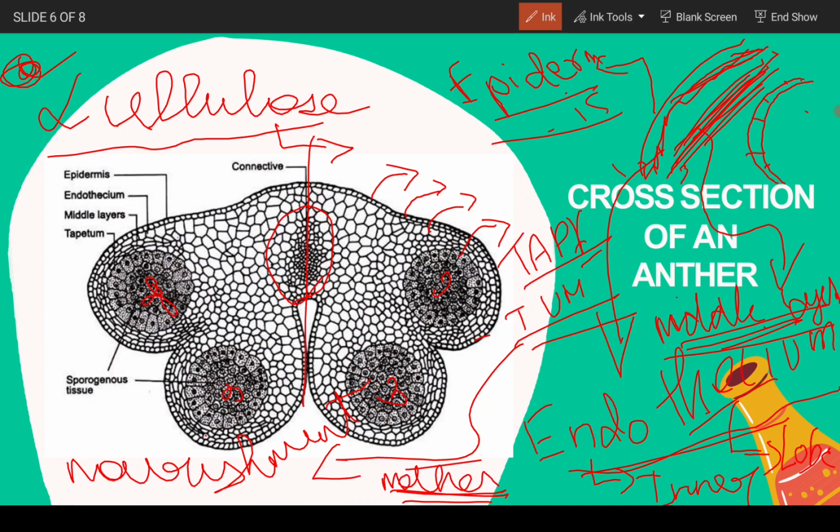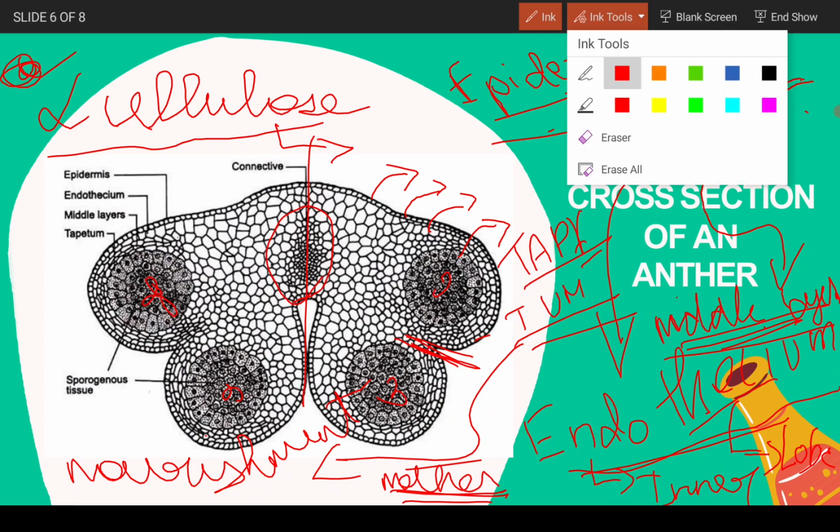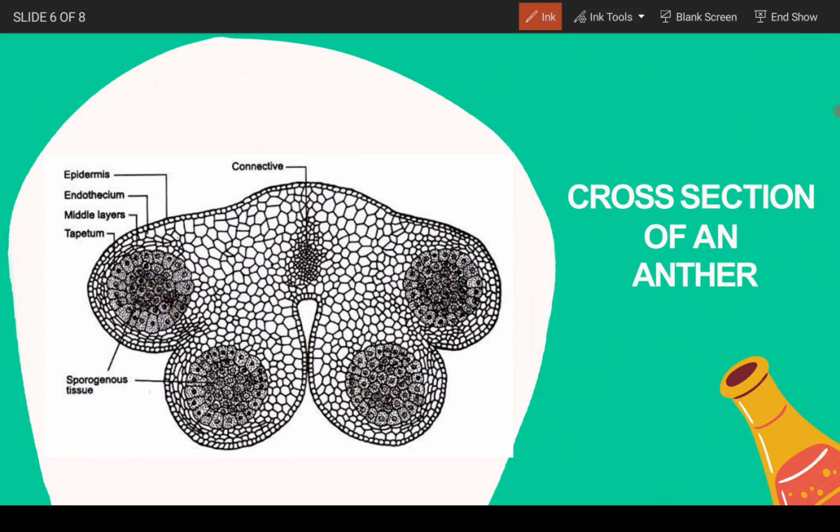It just holds the lobes together. But when I was discussing this alpha cellulose, it struck my mind one of the important concepts here. I'll be clearing everything so that you get a clear perspective of what I am trying to say to you guys.